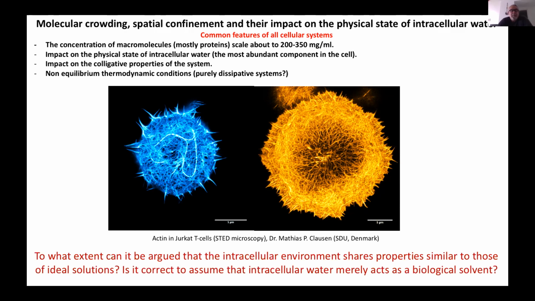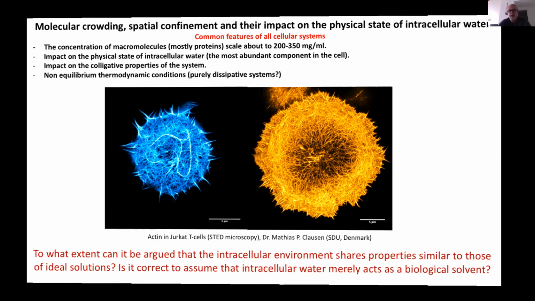Basically, what is happening is that you are not leaving room for another view, because generally, if you have deviations from this solution theory, you try to add correction factors, like, for example, going from diffusion to anomalous diffusion, without changing the conceptual frame. And the other question I will try to put forward in this talk is whether it is correct to assume that intracellular water is a passive element of the cell and acts only as a solvent, as it is taught in the courses.